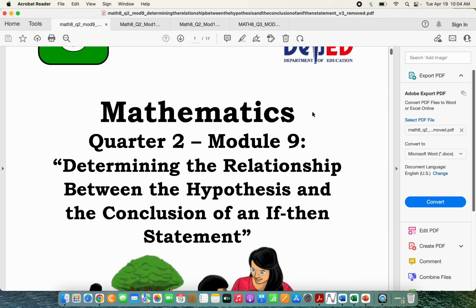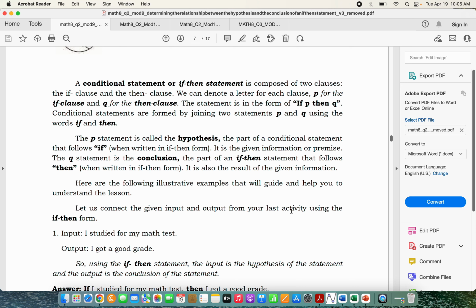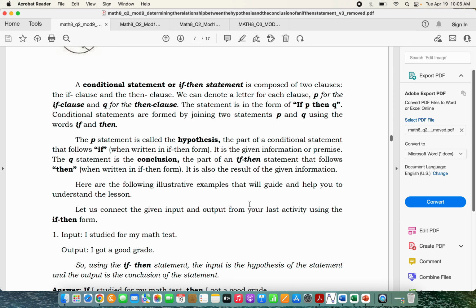Ito yung latest natin na module, no? 9, 10, and 11. Tama ba? So, let's start with, yung mga basic na mga terms. Kindly open your module. Module 9.